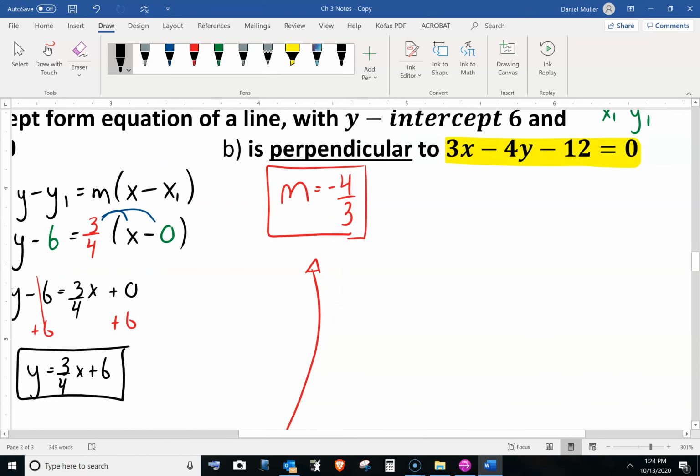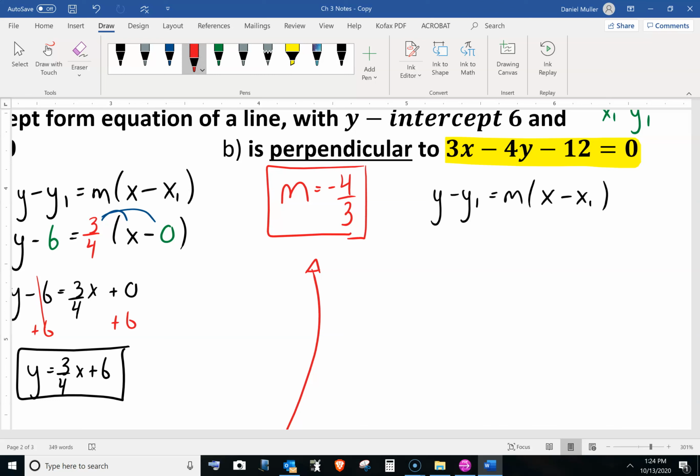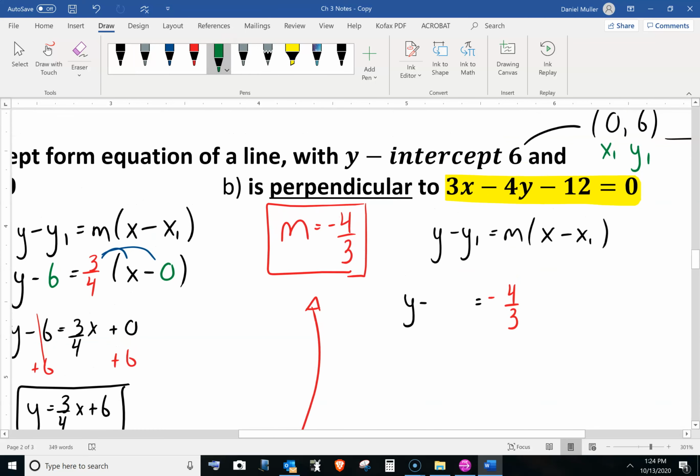Now for this one, we have y minus y1. We've got to come up with the equation again. m bracket x minus x1. The slope is perpendicular, so I already flipped that to be 4/3 and negative. And so I've got y minus y1, y1 was 6, equals m bracket x minus x1, which is 0.